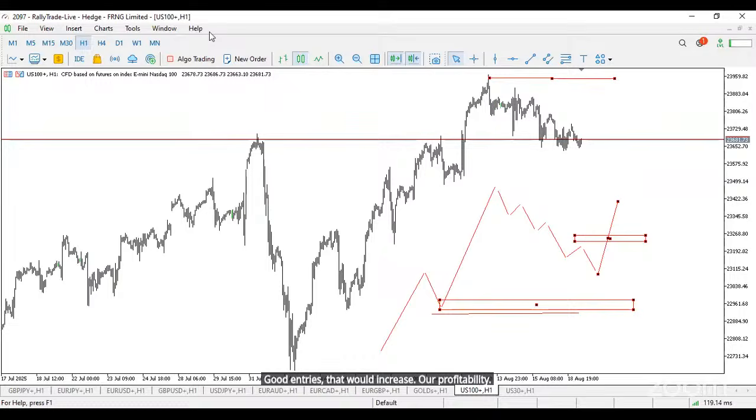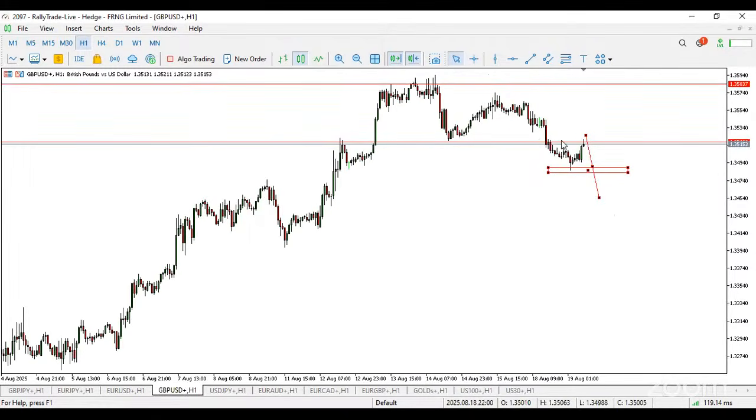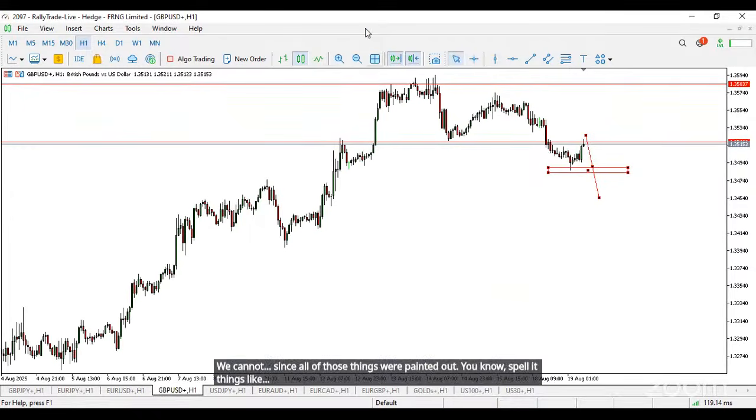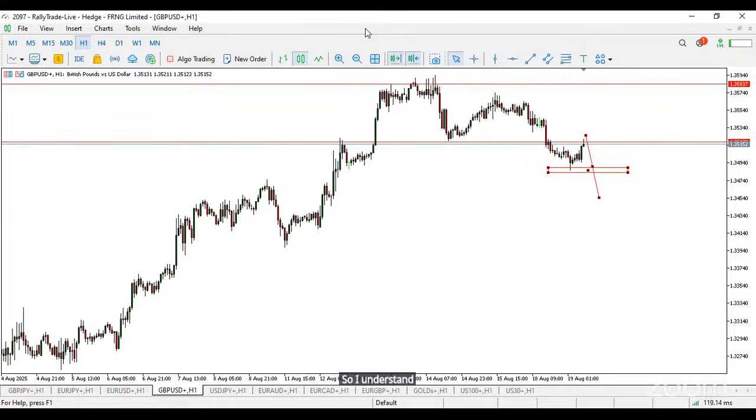I'm sure we've had a nice time on this chart looking at all of those things we painted out, so you should easily position for them, especially pairs like GBP/USD. I understand that this session is recorded.